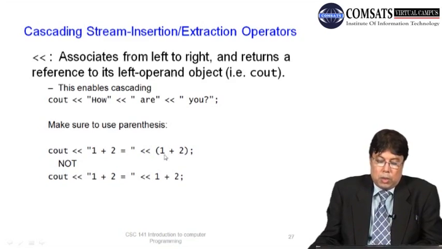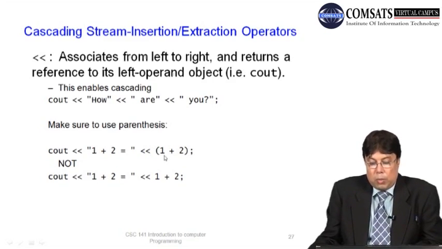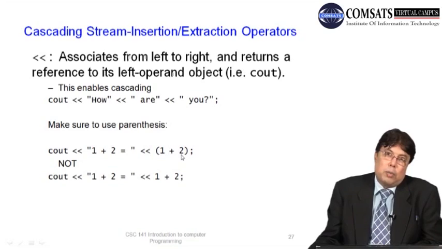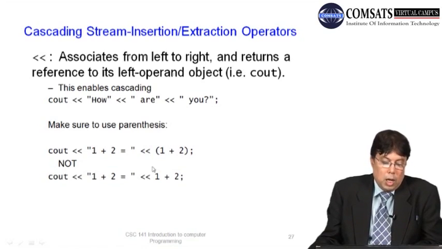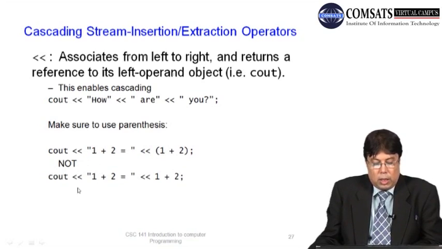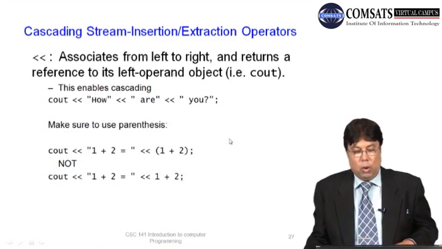So it will give you an error message there, and you will not get the appropriate answer. It means the statement is not complete. So you are required to put the parentheses here, so that you can put object 1 plus 2, the expression is an object, and you can put it up here. So this is right, but this is not right, because we have not used the parentheses here.